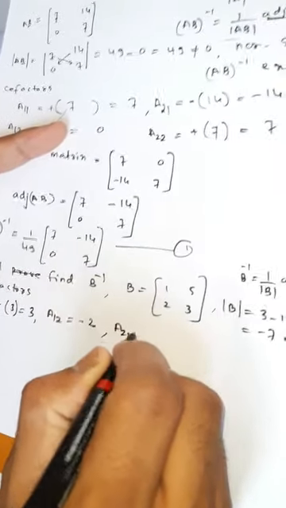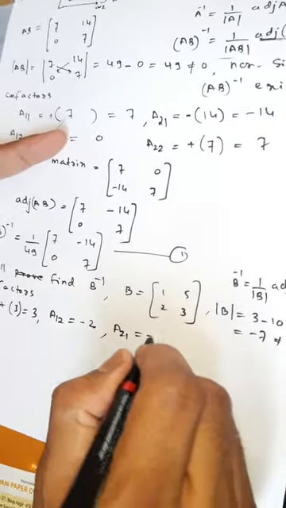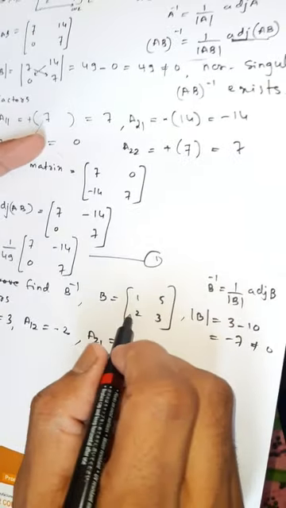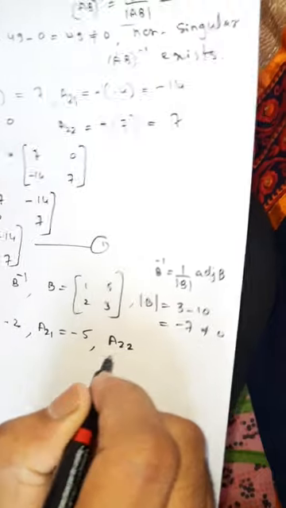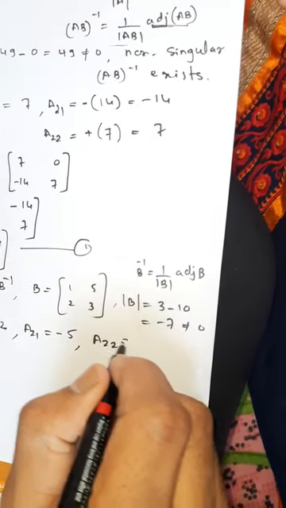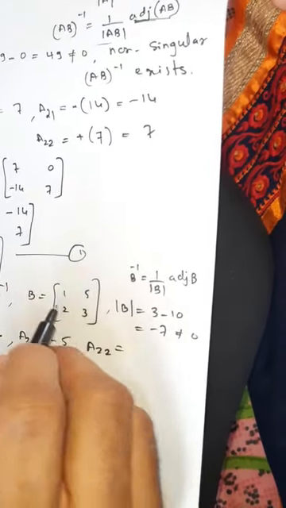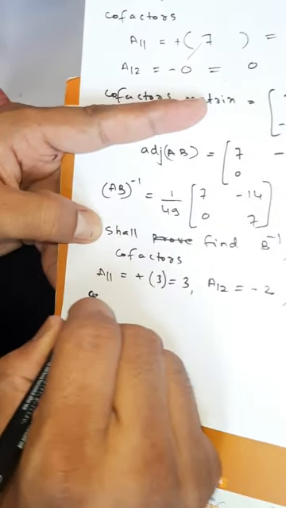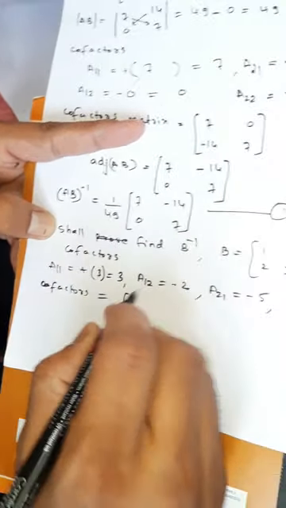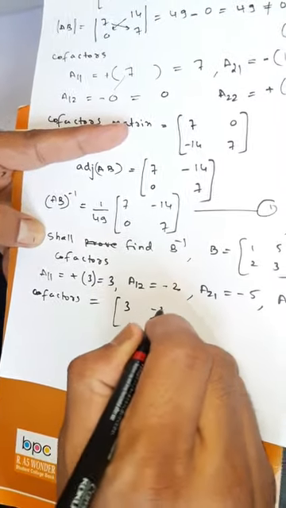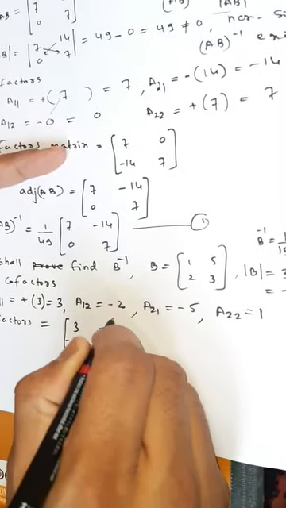Then A21, that is 2 plus 1, odd, so again multiply minus 1. Delete second row, first column, we get 5. A22, that is 2 plus 2, 4, even number, so multiply plus 1 to the minor of 3, that is 1. So the cofactors matrix is 3, -2, -5, 1.